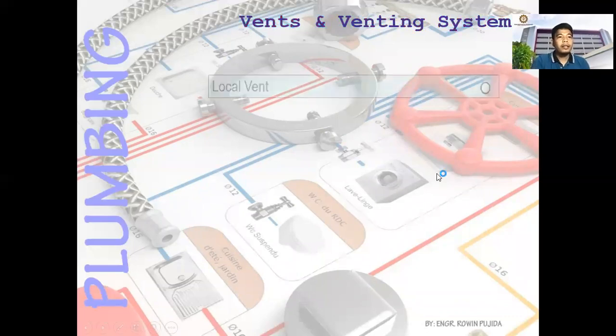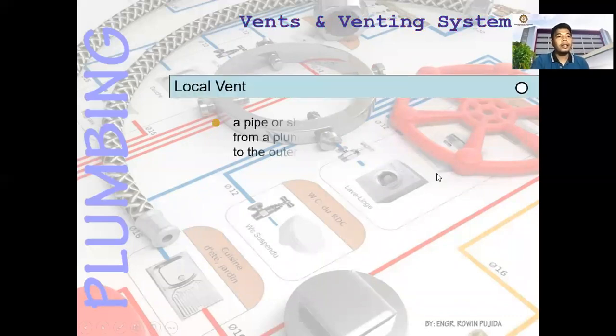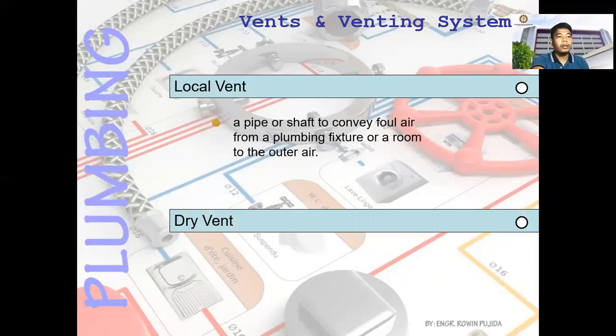Next is local vent. A pipe or shaft to convey foul air from a plumbing fixture or a room to the outer air. A local vent may serve just one fixture.